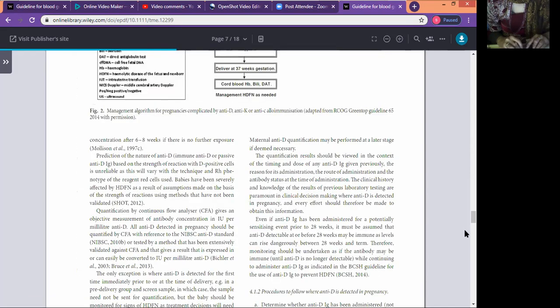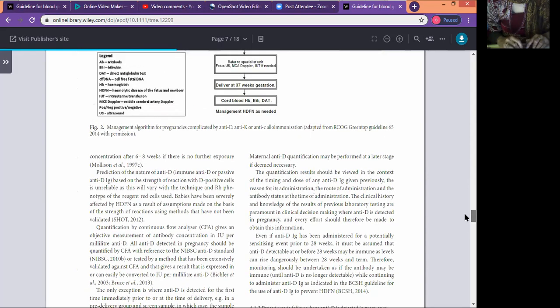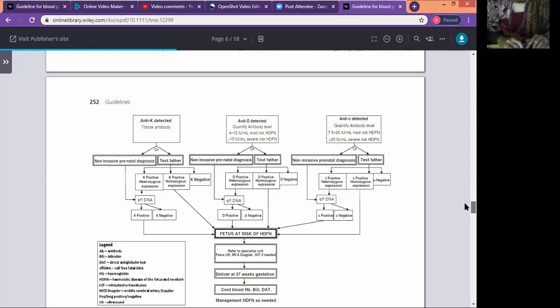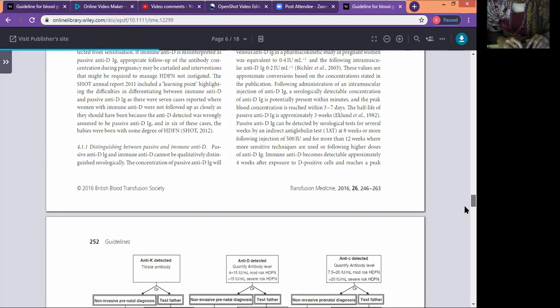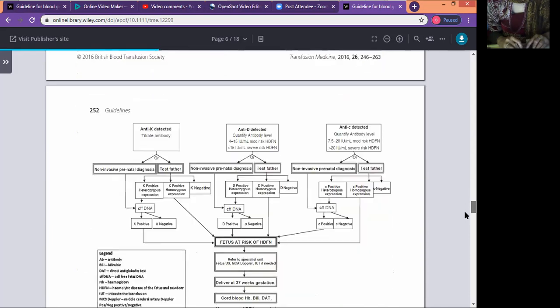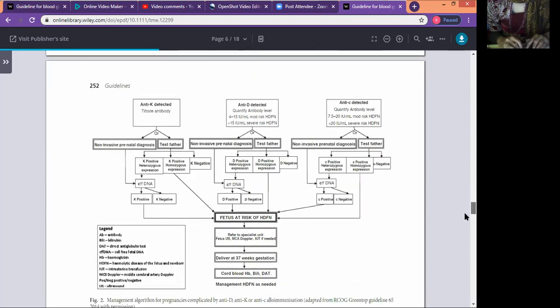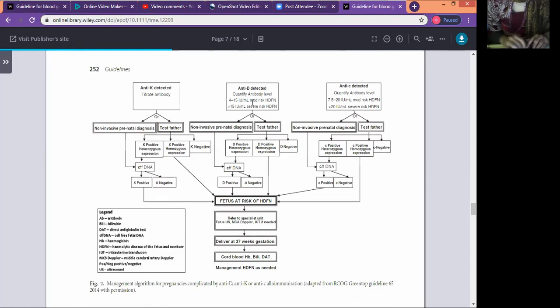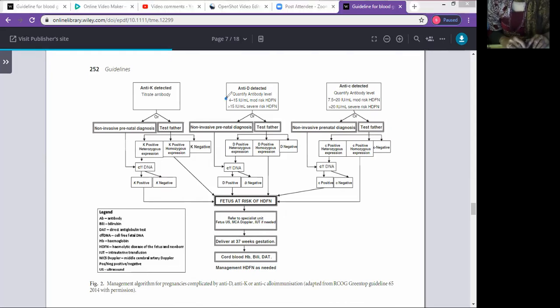Now a more detailed flow chart for the algorithm, if we take into account the D, C and K antibodies. An important thing to take into account is that D and C are the antibodies which are quantified by the continuous flow analyzer. The two important values we have here are 4 and 15.